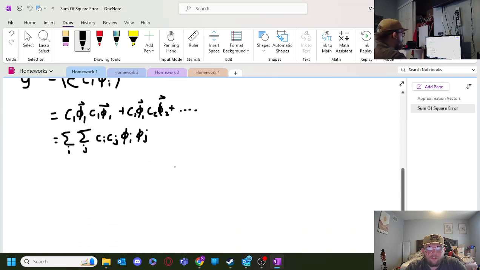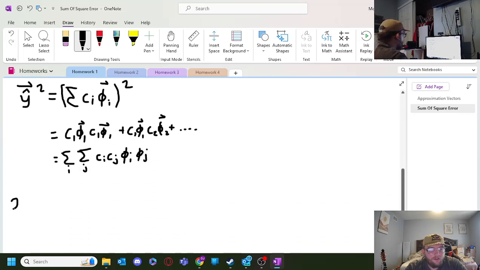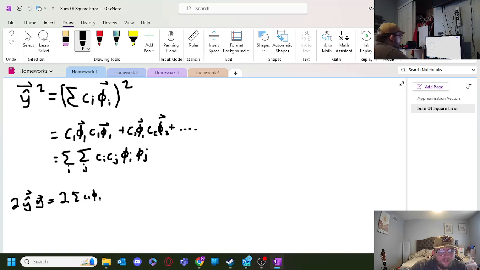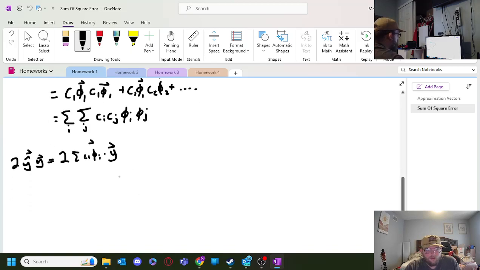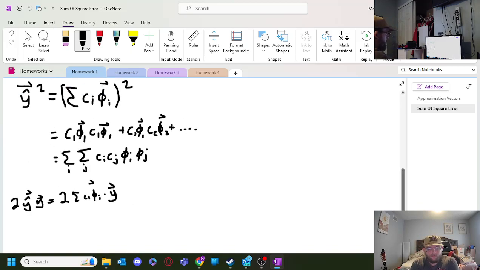But for this, it's going to happen to our y model vector with our y vector, and that's going to look like 2 times the summation of c_i phi_i dot product of y. So that's what that's going to look like.